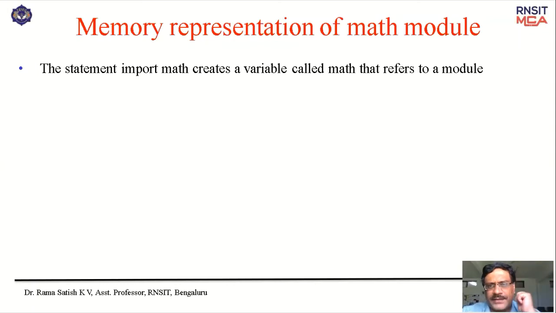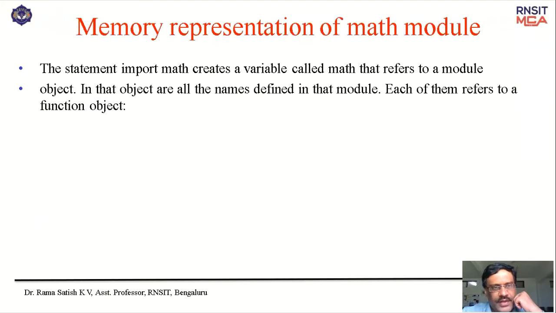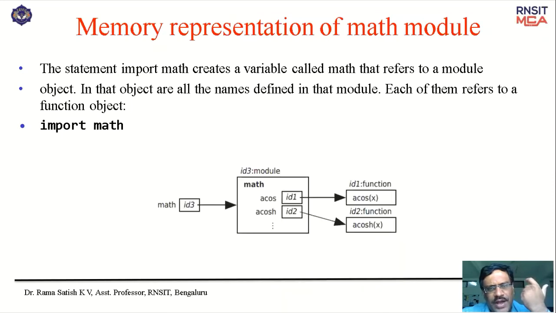This is called math, and it is always referring to the math module. And in that particular object, all the names defined in the module, each of them refers to a function object.